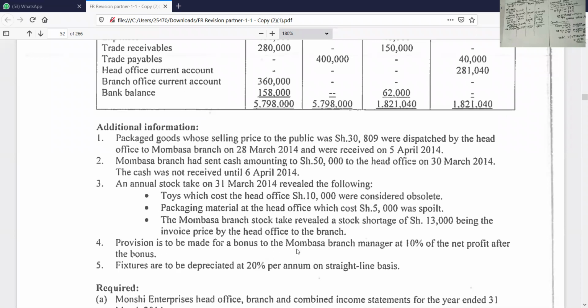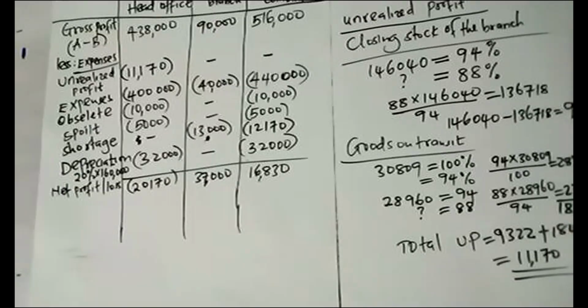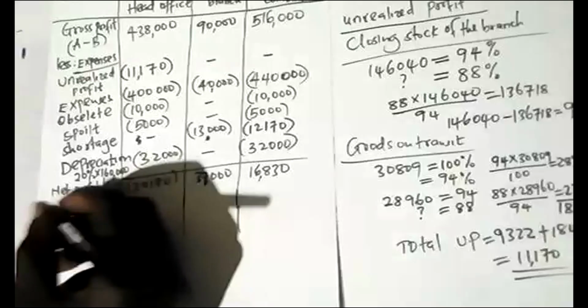So this 37 is where we have to subtract it to get the bonus.